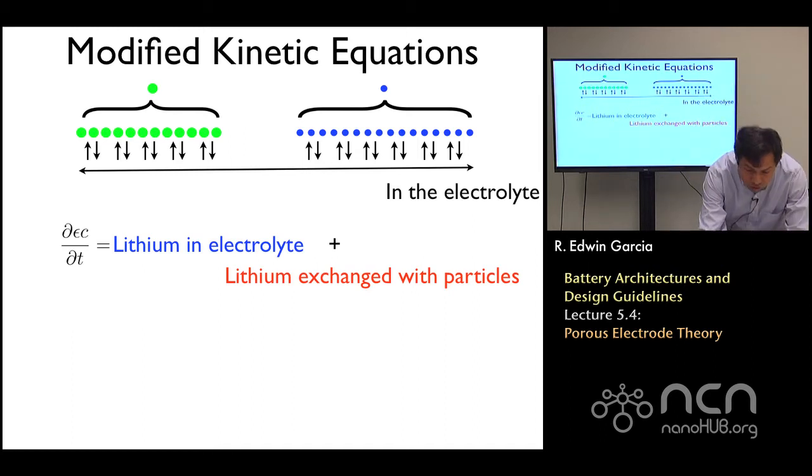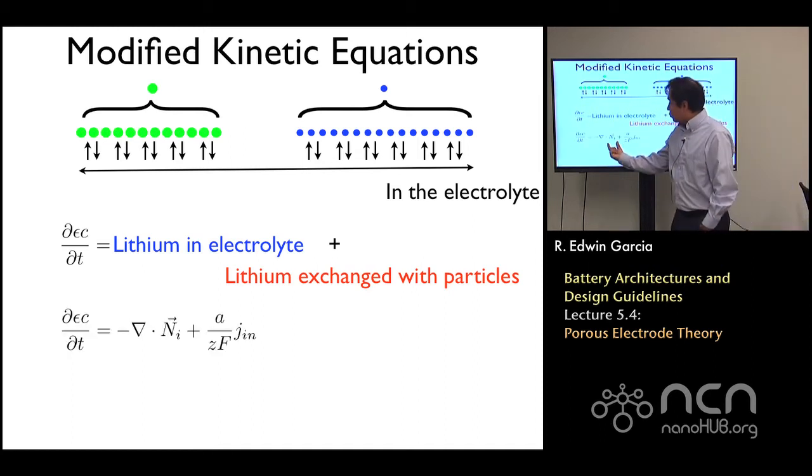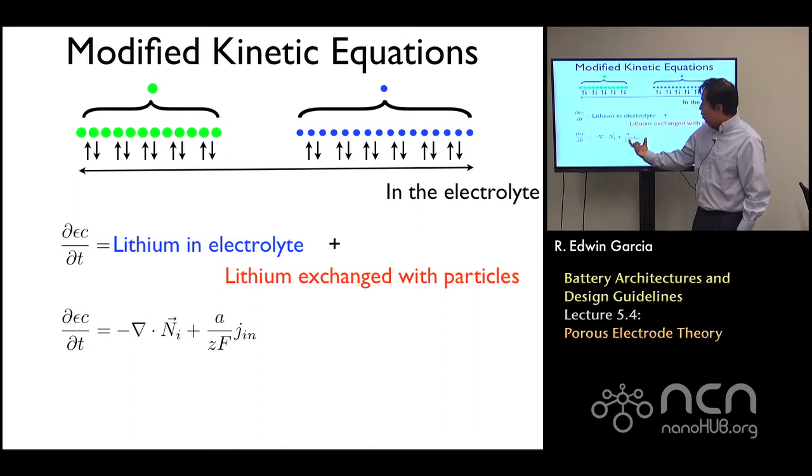And mathematically, that is represented by this mass flux. Basically, you can see it looks just like Fick's first and second law statements. However, the lithium exchange with the particles is defined in this case by the Butler-Volmer relationship that you will always have at every point, times the area that the particles expose per unit volume, just like we were describing in previous lectures.